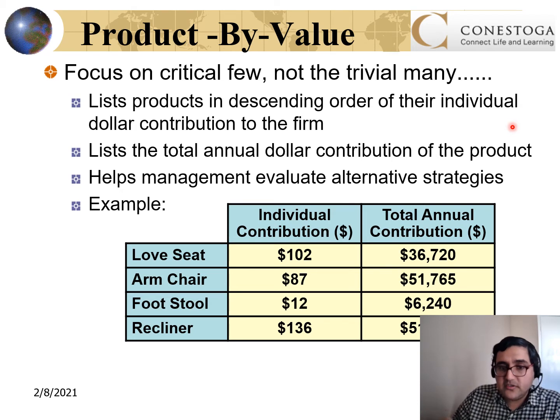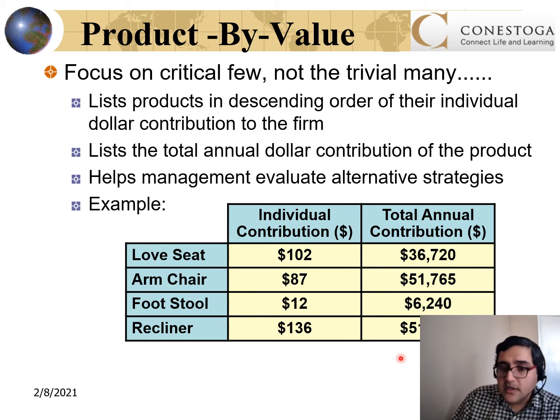So if you have, say, 4 things, try to sort them out in terms of their contribution. Say, for example, annual contribution, which one is the maximum? So first list down in the descending order. Finally, list the total annual dollar contribution of that particular product. So this helps the management to get a sense of it.